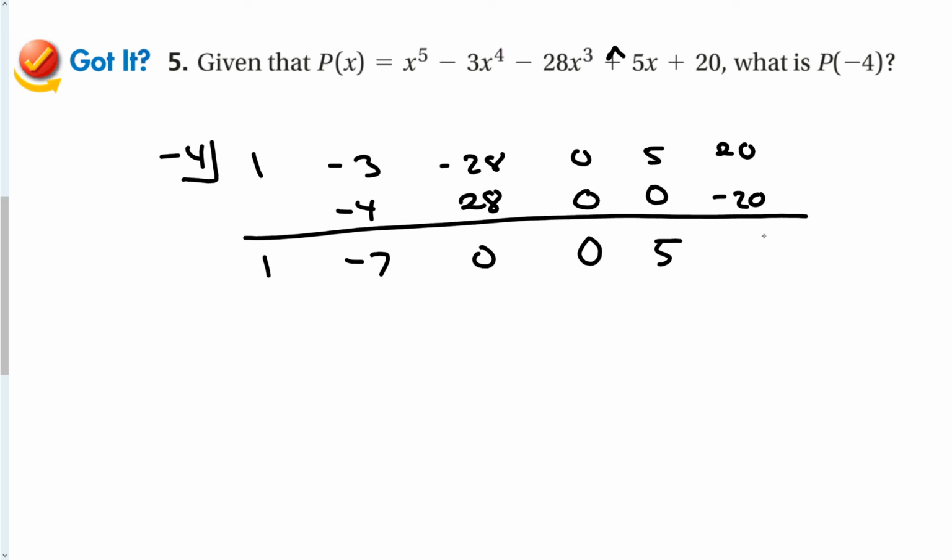This turns into -20. And we get that P of -4 is equal to 0, which means that x plus 4, the opposite sign, if I set it equal to 0 to get my factor, we get x plus 4, or x equal to -4.